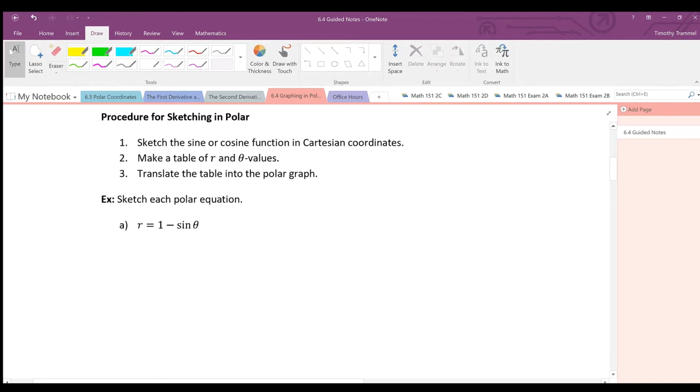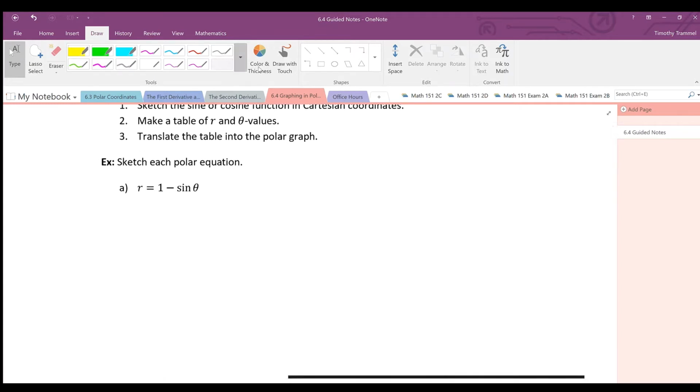So let's try out this first one. Let's make a quick sketch of y equals 1 minus sine of x. I'll leave it as r and theta, but you can imagine this just like we were doing earlier in the quarter.